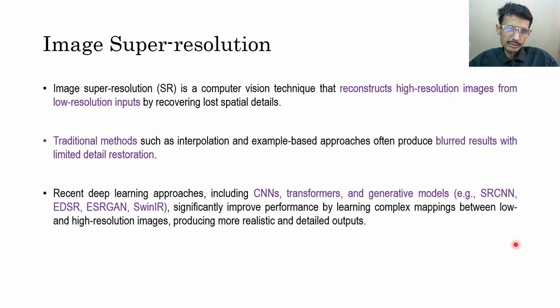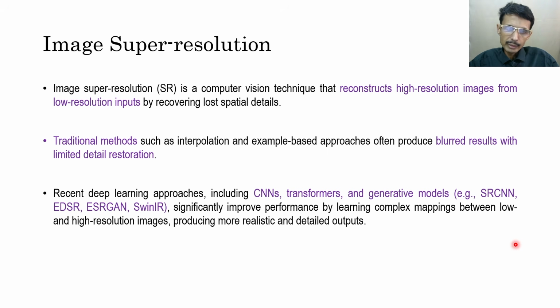Our next topic is image super resolution. Image super resolution is a computer vision task that reconstructs high-resolution images from low-resolution inputs by recovering lost spatial details. Now, mathematically, it is an ill-posed problem, because what is essential here? Let's say there is an 8 by 8 image and we need to reconstruct a 16 by 16 image from this 8 by 8.